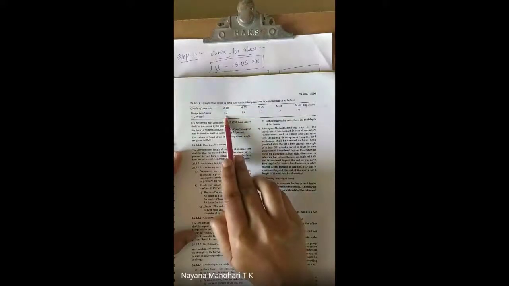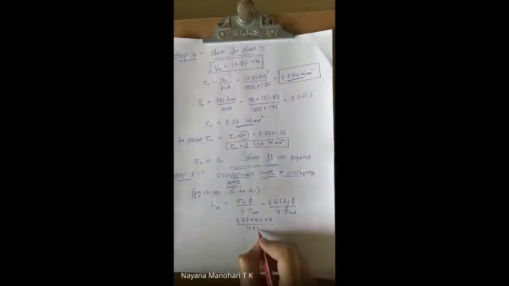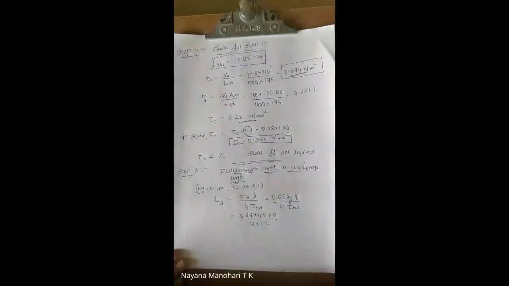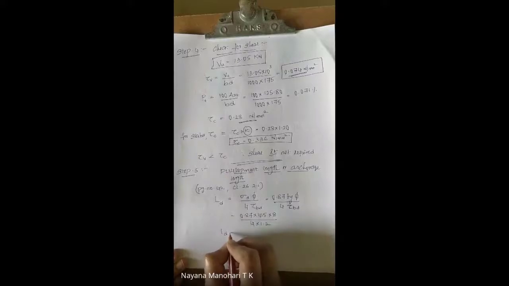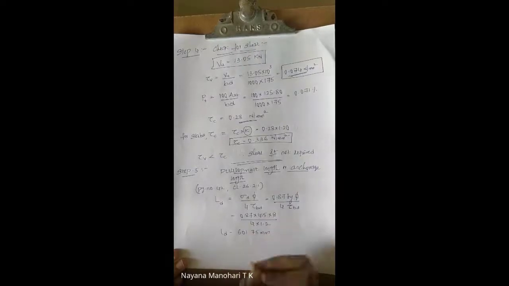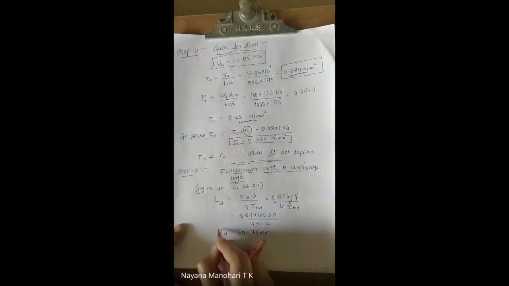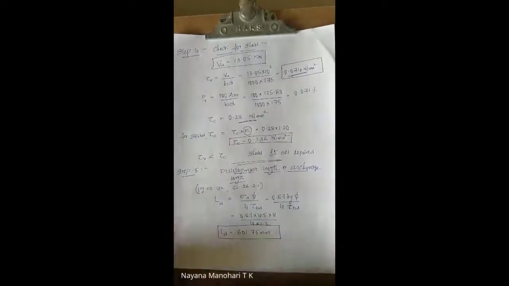Tau BD is 1.2. Take down, that is 1.2. Then LD will be equal to 601.75 mm. This is your LD value.